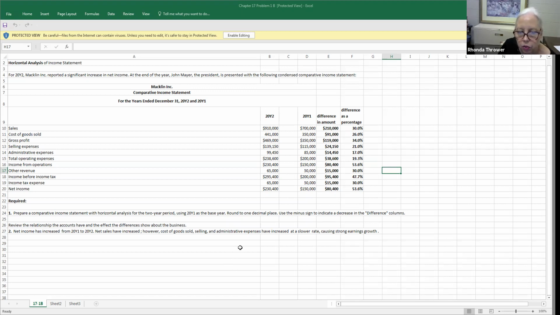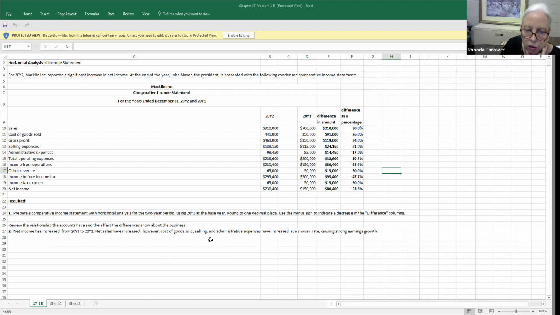So since the expenses have increased, the net income is actually increasing at a slower rate, but it causes a strong earnings growth. So net income has increased from 2001 to 2002. Net sales have increased.